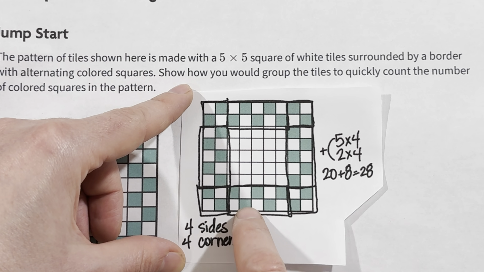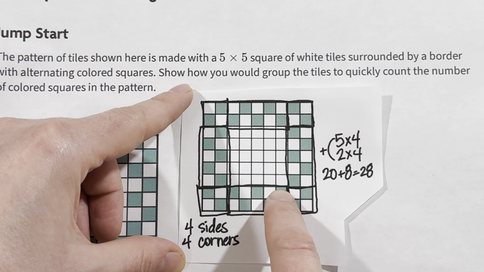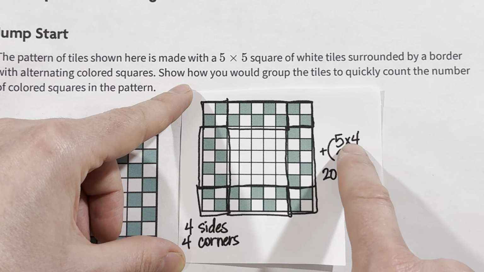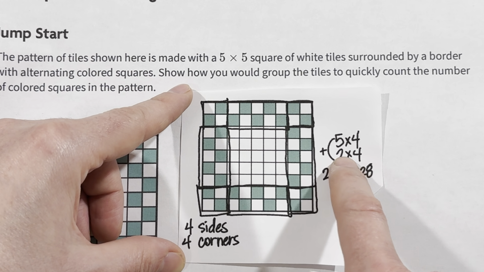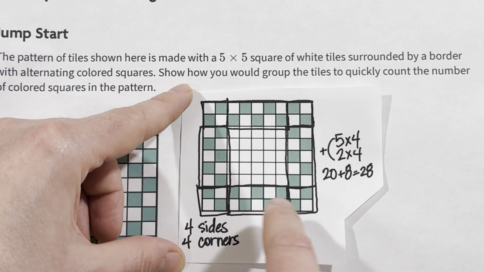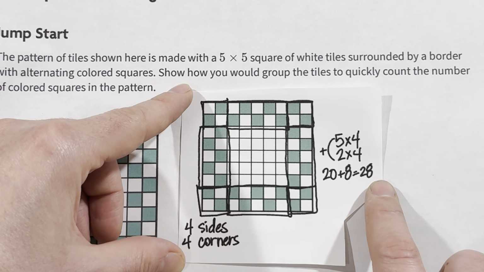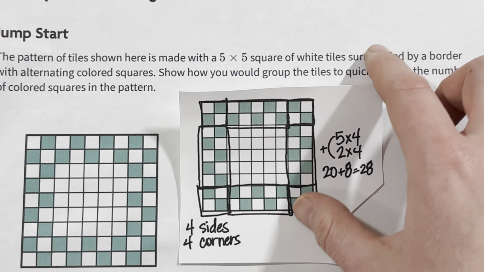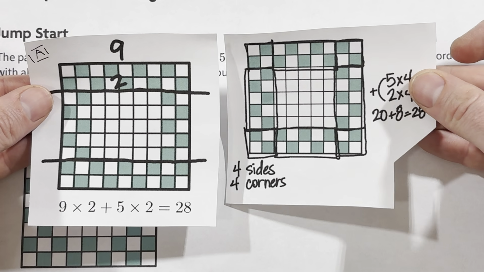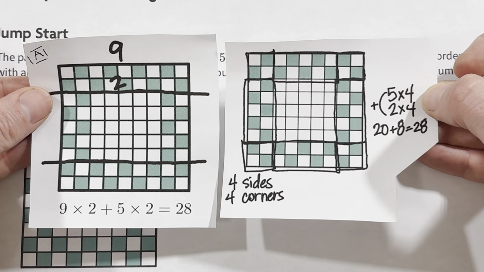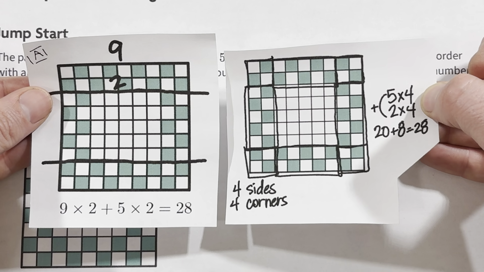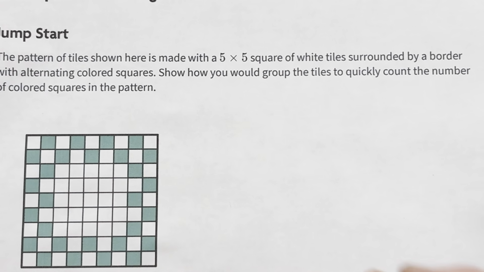The sides have 1, 2, 3, 4, 5 colored blocks. So that's what this 4 times 5 is here, and this 4 times 2 over here is the 4 groups of 2. So 20 and then 8, 28. Another way of finding 28, the same total value but a different way of grouping and counting these. Let's see if we have a couple more.